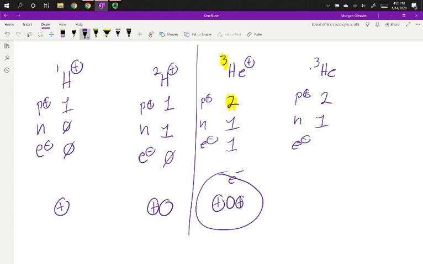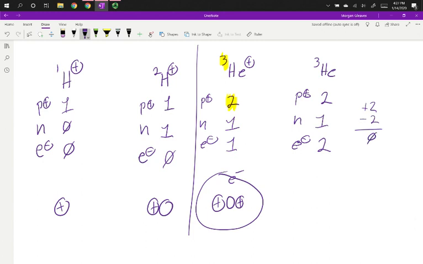If I go and look at my other helium here, it doesn't have a charge. So there are 2 positives. I need to make them both go away. So I need 2 negatives to make them go away. Basically, plus 2 minus 2 is equal to 0.